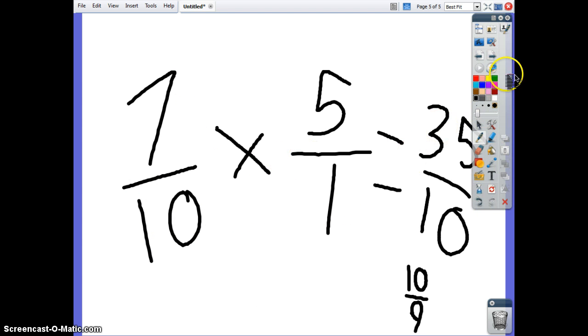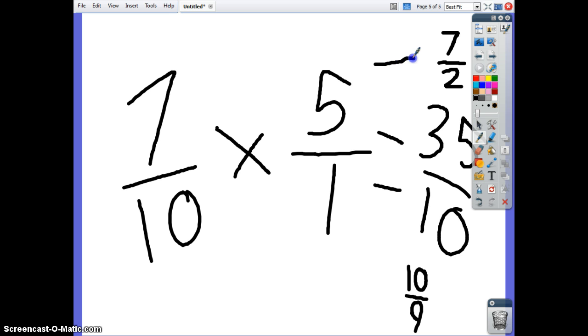So now, we need to simplify. I'm going to divide 35 by 5 and have 7, and then 7 over 2. So that would mean that we need to change this improper fraction into a mixed number.